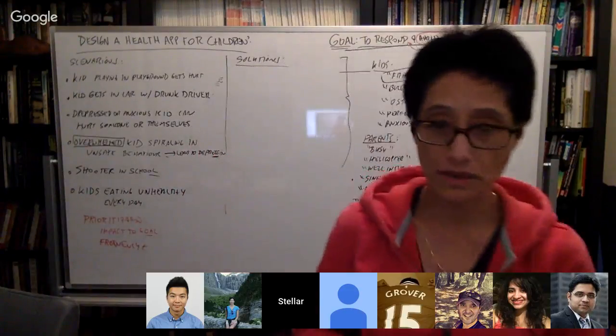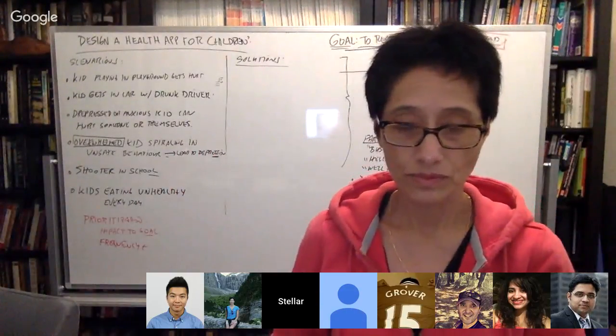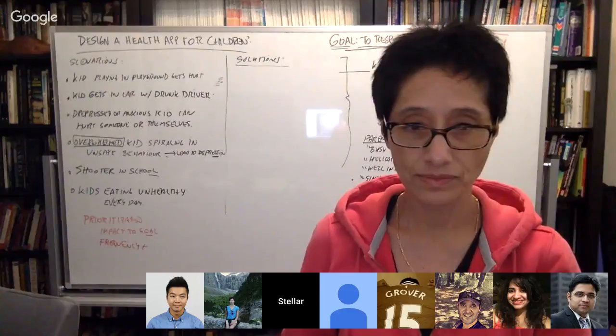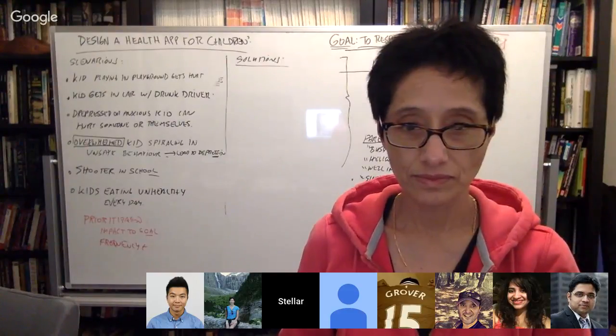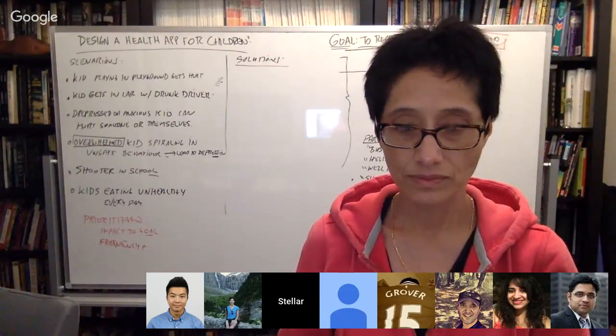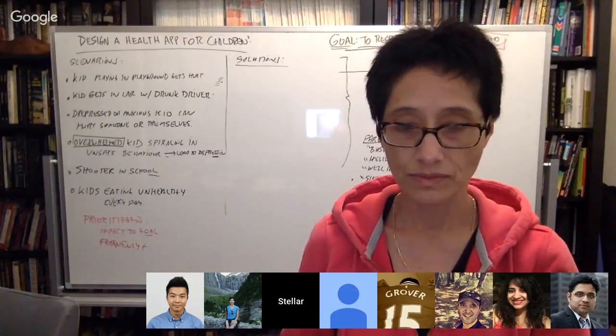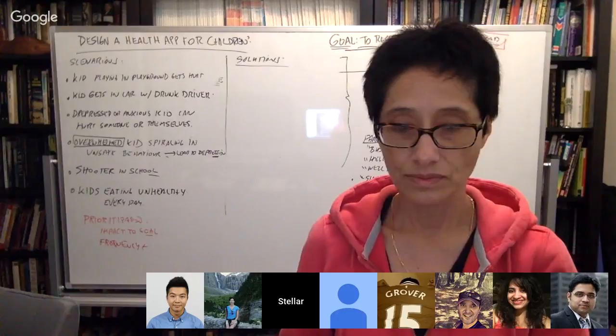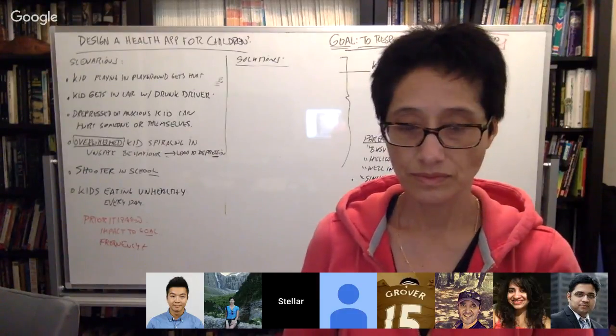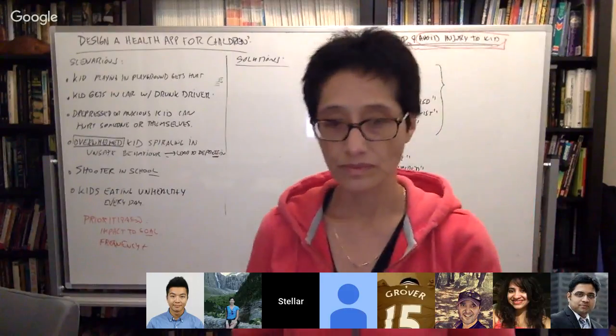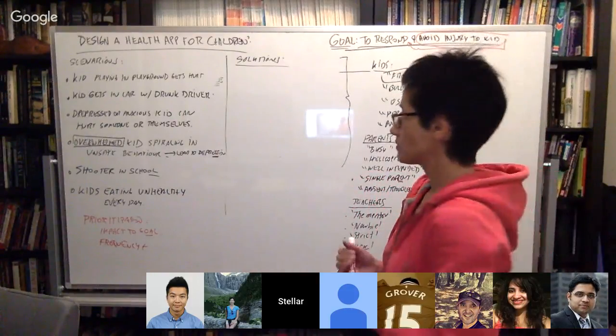What do you think, guys? Yeah, I like that idea. I was thinking along the same lines, like what can create the most impact, and we can either go for the low hanging fruits or tackle the biggest problem we have in hand.